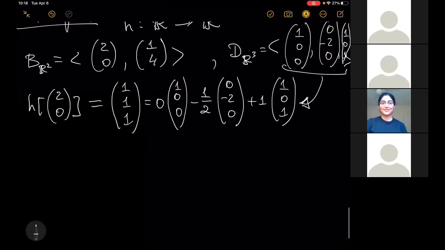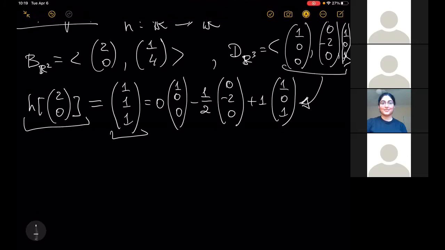Sorry, where did you get the (1, 1, 1)? If you add this, you will get exactly (1, 1, 1), right? Yeah, but how did you get the (1, 1, 1)? I'm just saying that we know the homomorphism is defined by its action on the vectors of the basis. So I'm essentially telling you that if you apply the homomorphism to the first vector of the basis, you will get (1, 1, 1).